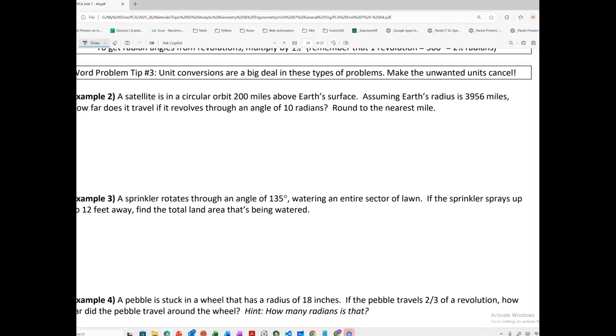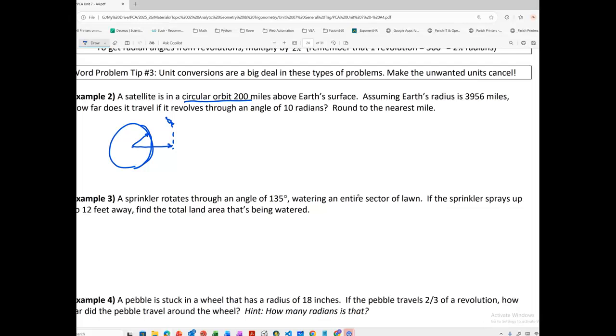Yes. Okay. All right. Example 2. A satellite is in circular orbit. So what do we do with this stuff? Circular orbit, 200 miles above the Earth's surface. So we've got Mother Earth here, the big blue dot, and then we've got some satellite rotating out here in space, and that radius is going to be the radius of the Earth plus 200, right?